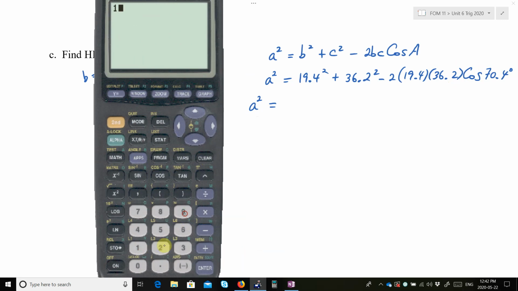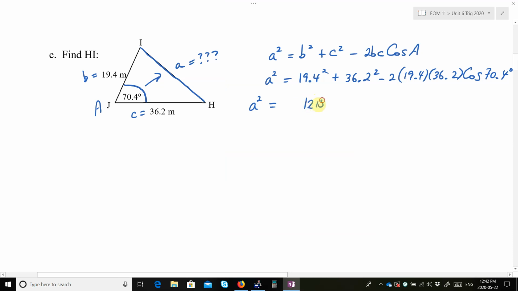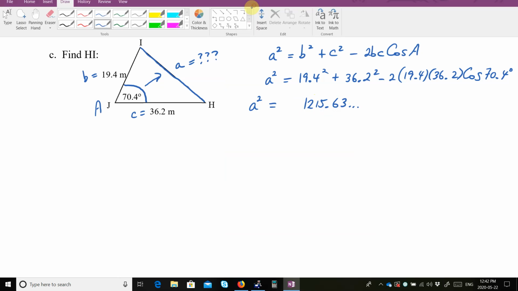A squared equals 19.4 squared plus 36.2 squared minus 2 times 19.4 times 36.2 times cos 70.4. That gives 1215.63 and a bunch of stuff.